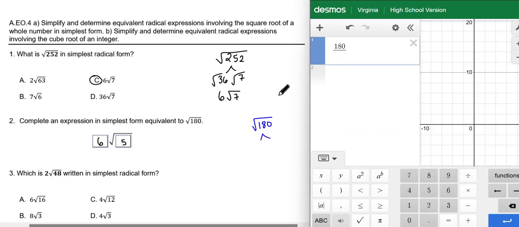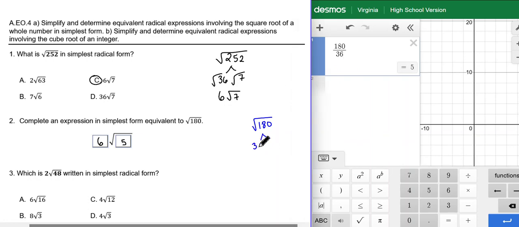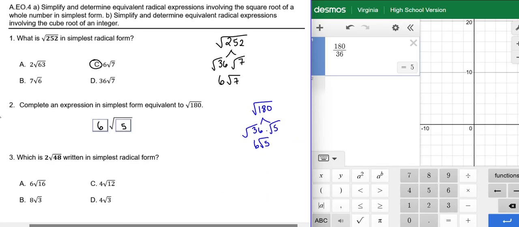Nope. 8 times 8, which is 64. 7 times 7, 49. 6 times 6, 36. And there you go. Well, 36 works. So the square root of 180 is the same thing as the square root of 36 times the square root of 5. We know the square root of 36 is 6, and then you bring down the square root of 5.